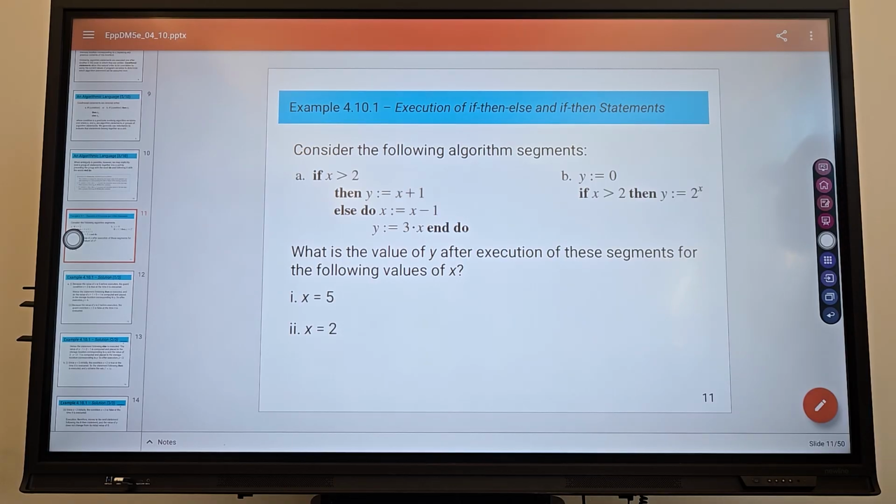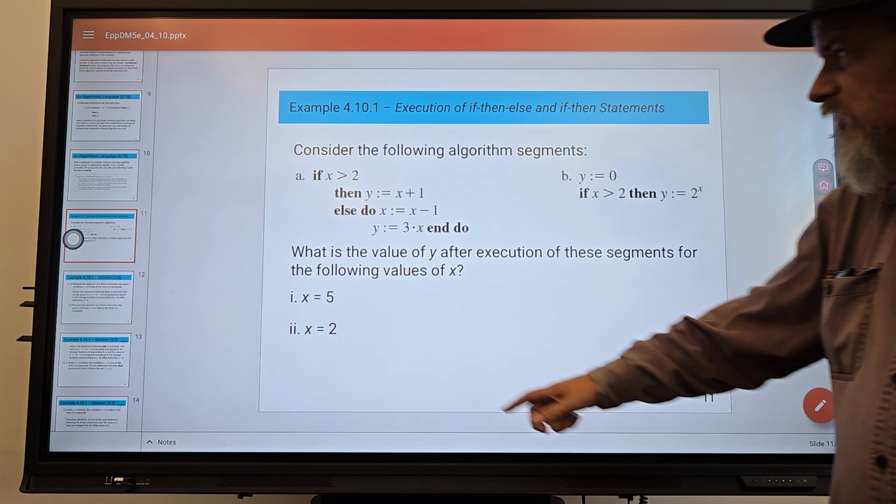Consider the following algorithm statement or segments. If x is greater than 2, then y equals x plus 1, else x equals x minus 1, and y equals 3 times x. What is the value of y after the execution of these segments for the following value of x?